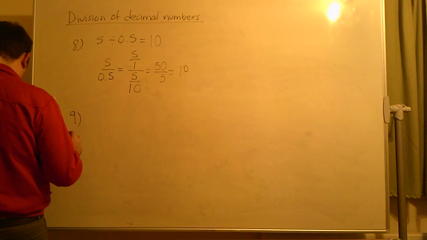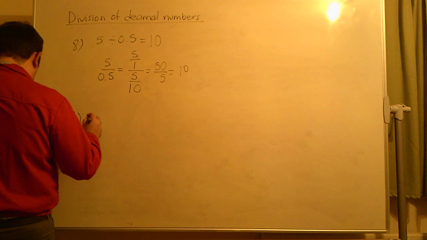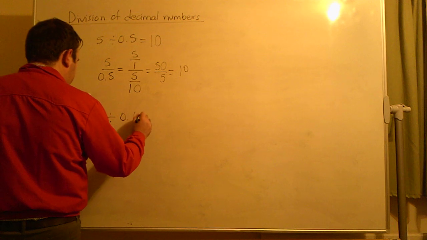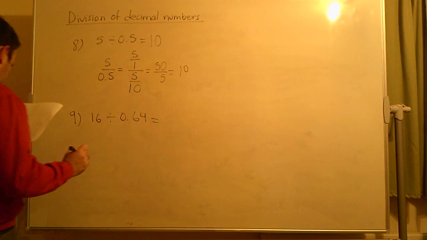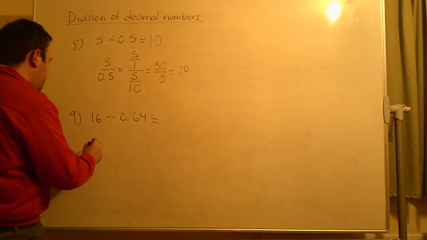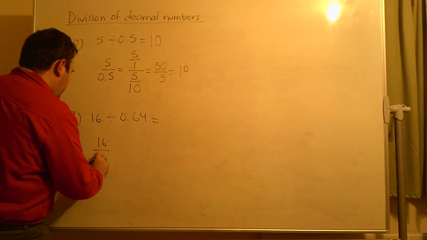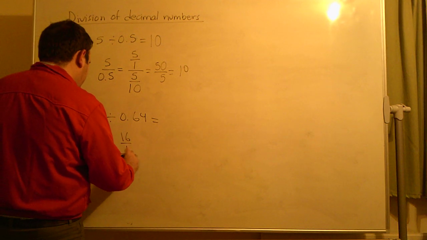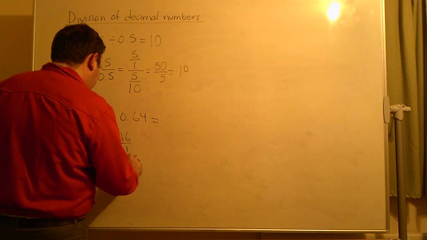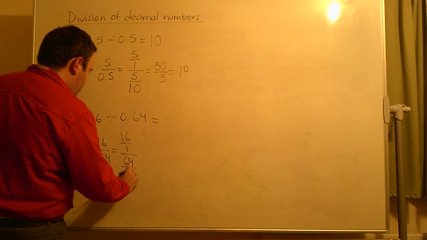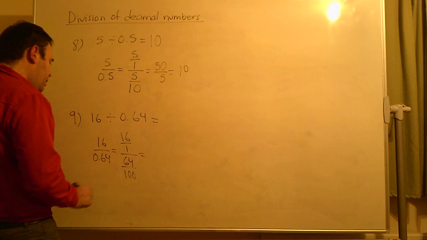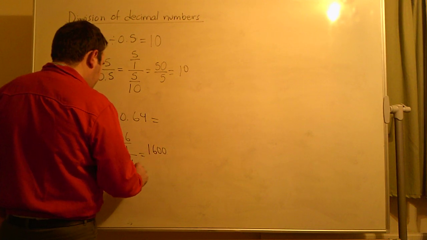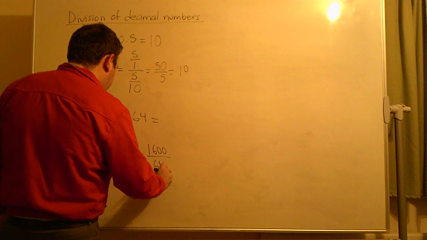9. 16 divided by 0.64. So we write down 16 divided by 0.64. So 16 can be expressed as 16 divided by 1, and this can be expressed as 64 divided by 100. So now we're going to multiply 16 times 100 divided by 64.